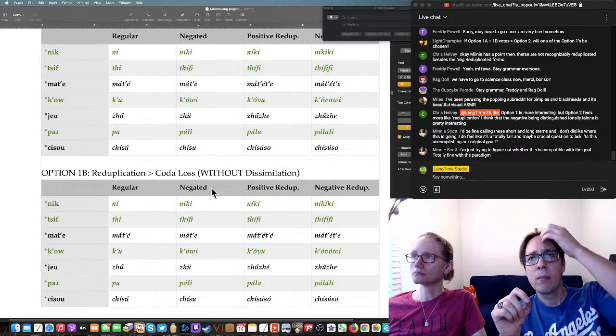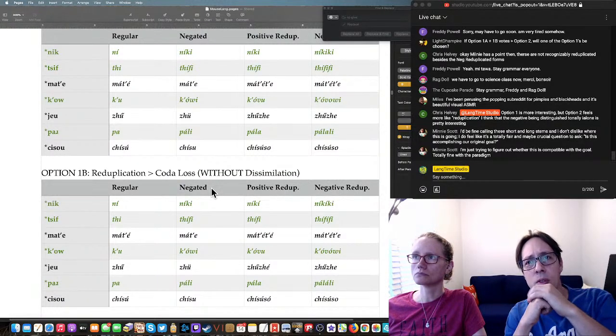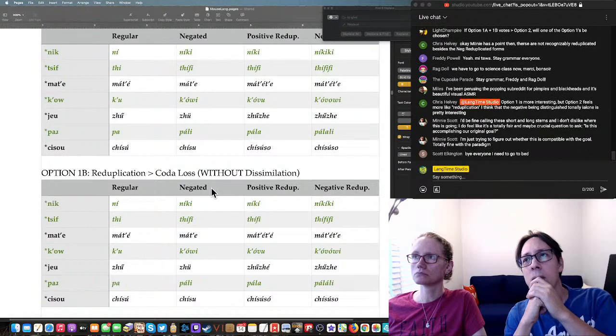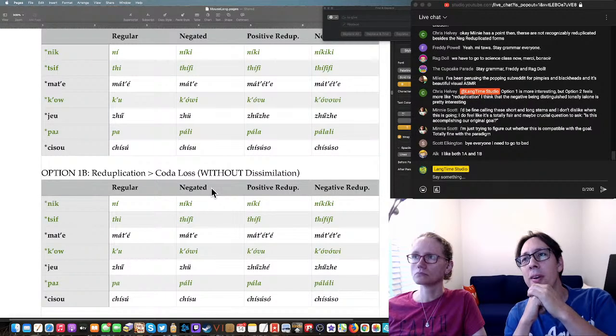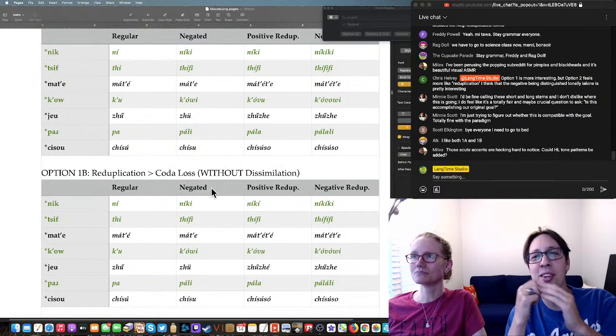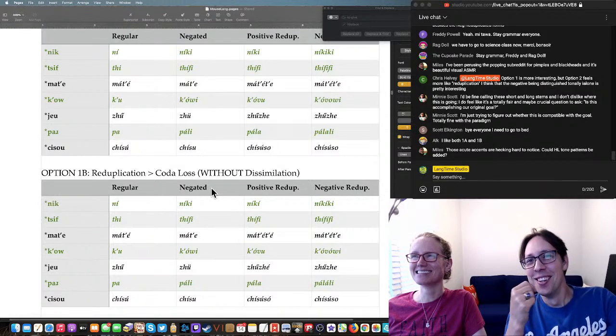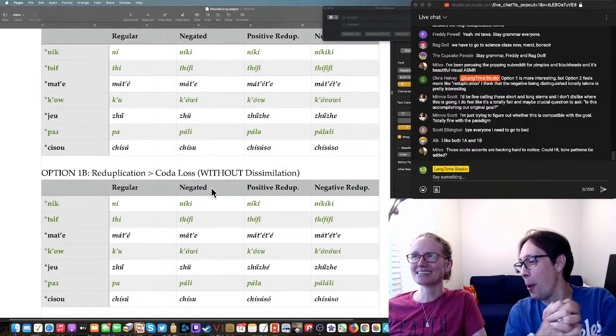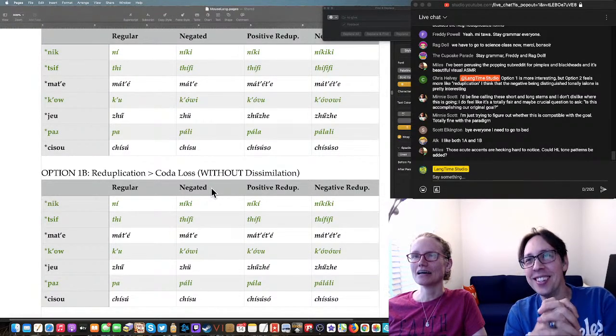Okay. So I think first... Oh yeah. I mean, come on, Minnie. Why bring up the obvious question, which is we were trying to not have longer forms, so that we could have our incorporated nouns. But that's all right.